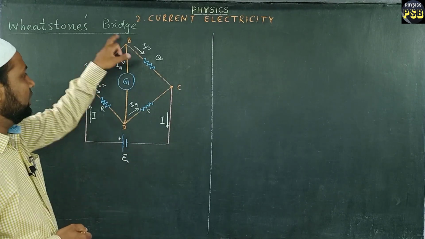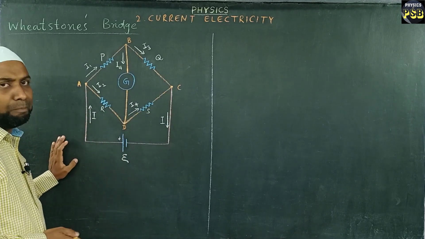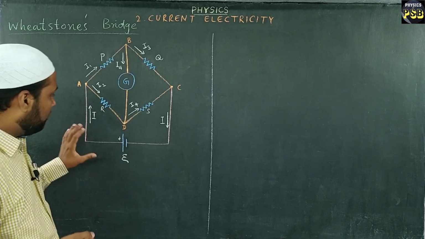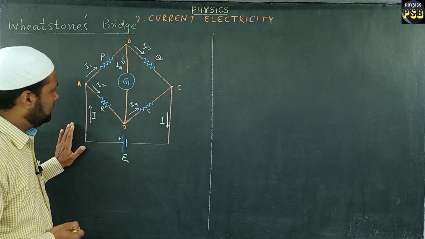This is how it completes the path. This is one path of the current.